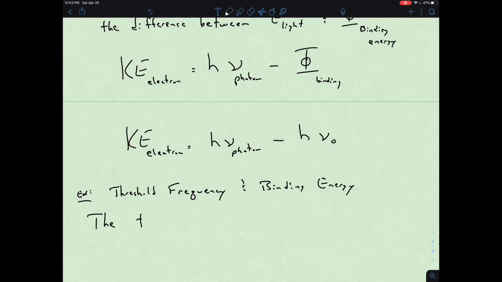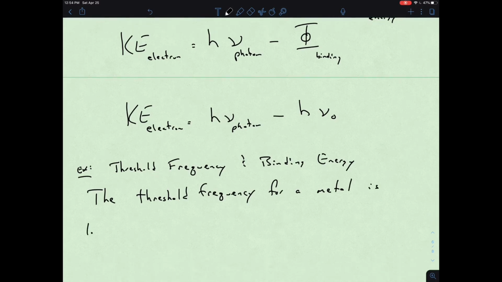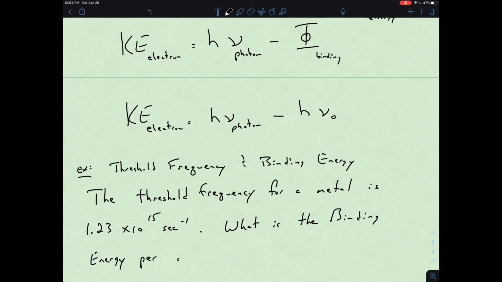The threshold frequency for a metal is 1.23 times 10 to the 15th reciprocal seconds. Remember, that's also Hertz. What is the binding energy per mole of electrons?